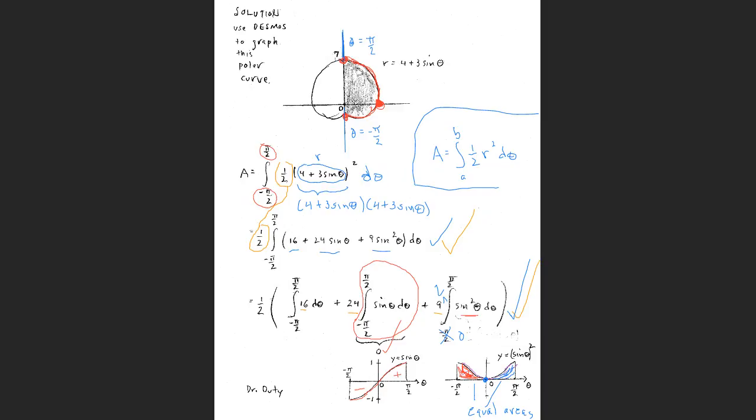All right, so when you're ready, I'll go to the next page, and we'll finish this problem up. Just give me a thumbs up.